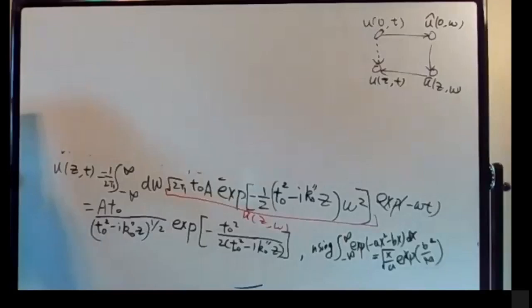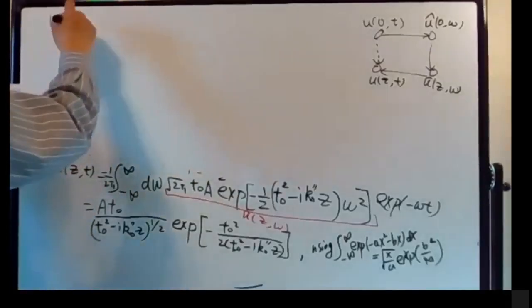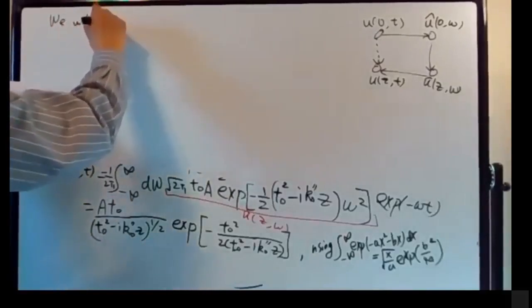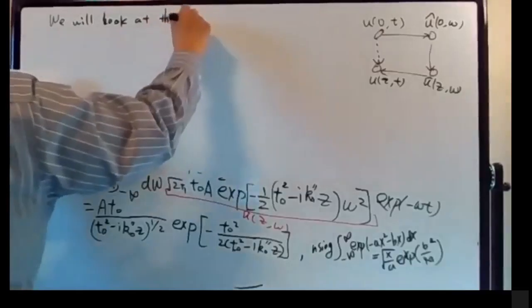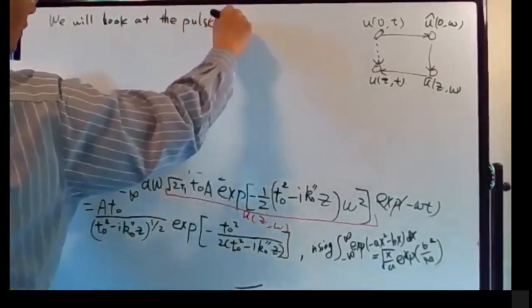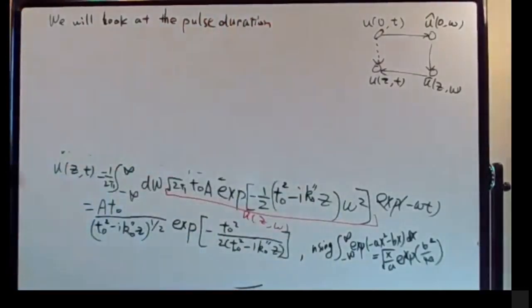We can look at the pulse duration. Just looking at the whole pulse and analyzing the phase might be too complex. So we're only looking at the pulse duration, right?